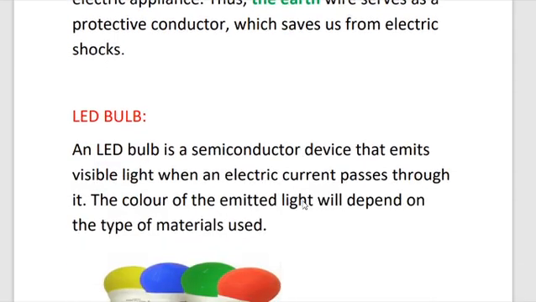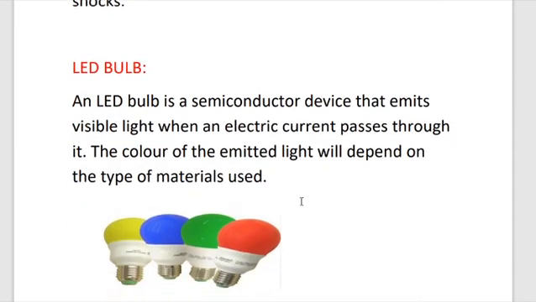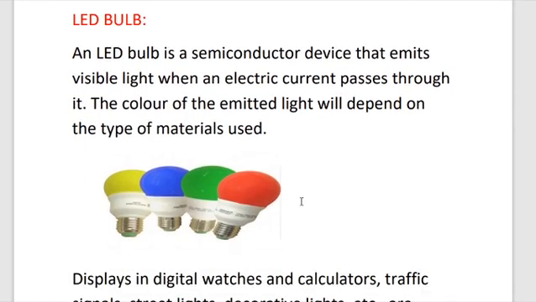Then LED bulb. What is LED? Light emitting diode. An LED bulb is a semiconductor device that emits visible light when an electric current passes through it. The color of the emitted light will depend on the type of materials used.